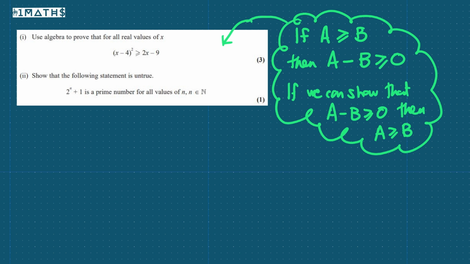So let's start and look at I, where it says x minus 4 squared is greater or equal to 2x minus 9. I'm going to use this strategy and rearrange it so that I have 0 on one side.